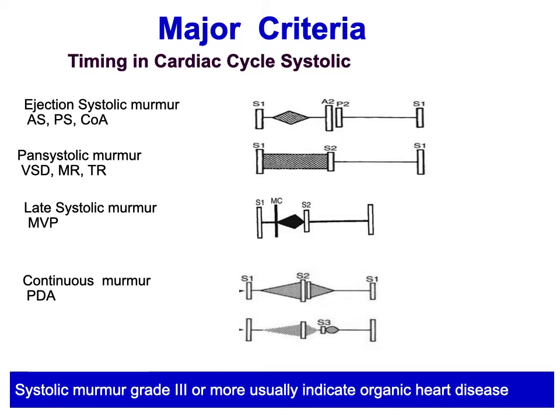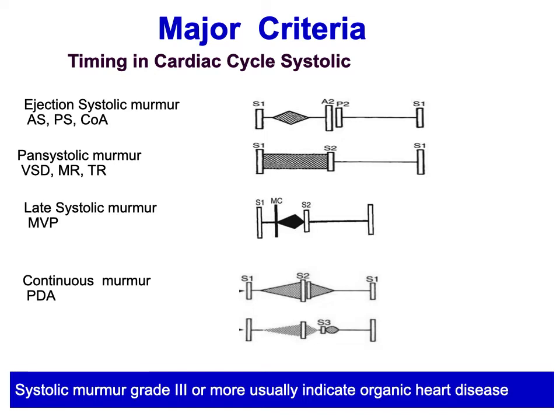Pansystolic means throughout the systole. It starts with the first heart sound and ends with the second heart sound, and it is present in conditions of ventricular septal defect, mitral and tricuspid regurgitation, where there is a leak during the systole.